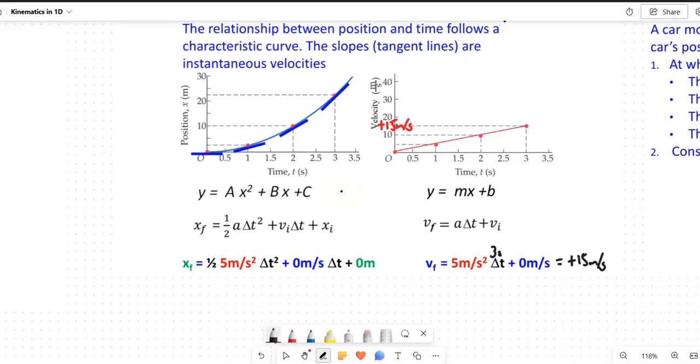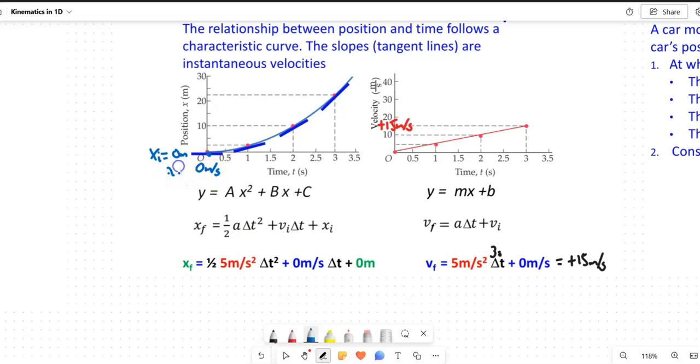Now here's what this means. Suppose the object started off with an initial position of 0. The initial velocity is the initial slope at this initial position. So right here, see this blue? That slope is 0 meters per second. It is level. And that slope is occurring at a position of xi equals 0.